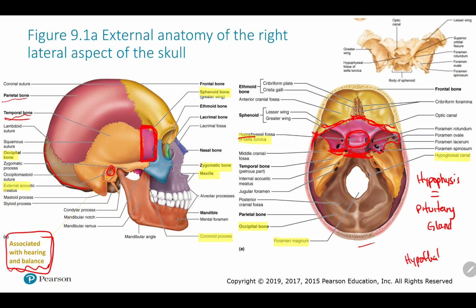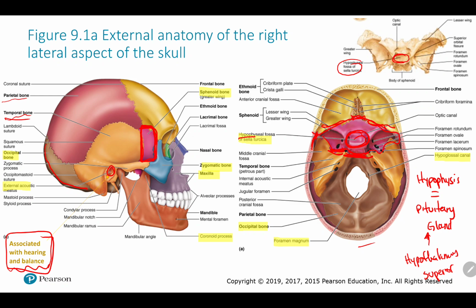The hypothalamus is located superior to the pituitary gland, so it basically sits on top of it. And the pituitary gland sits in this hypophyseal fossa of the sella turcica of the sphenoid bone. It's like the little pocket that protects that pituitary gland.